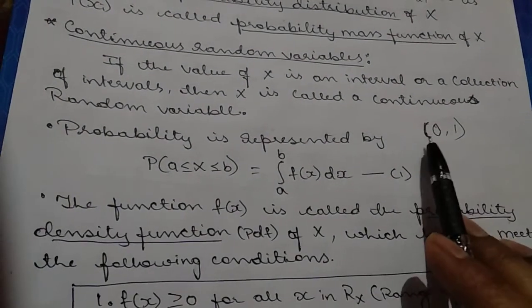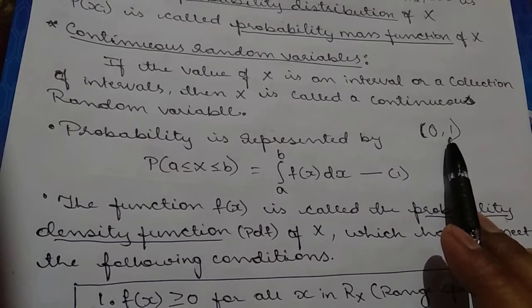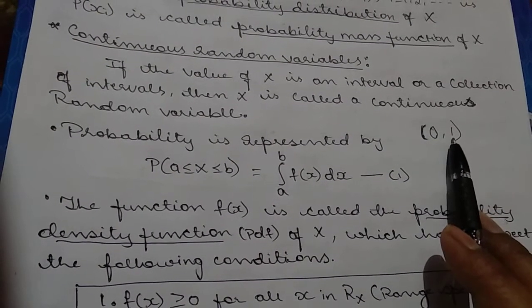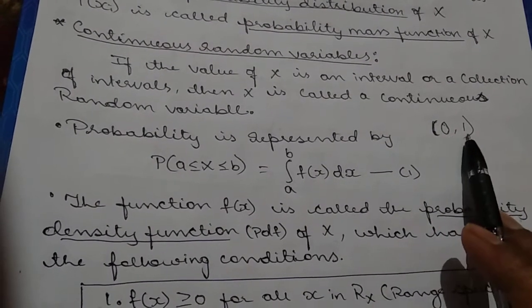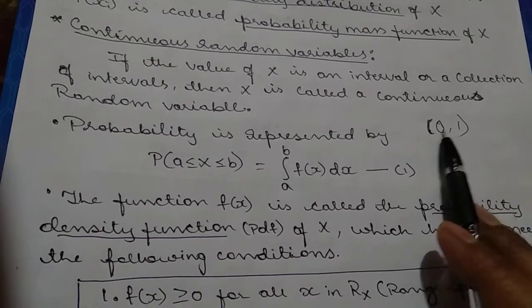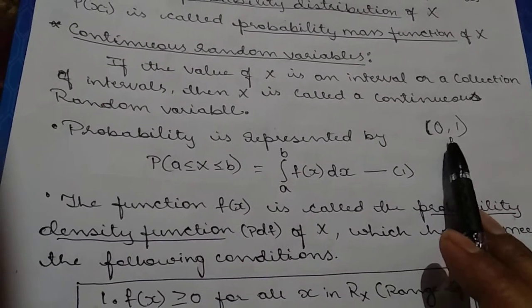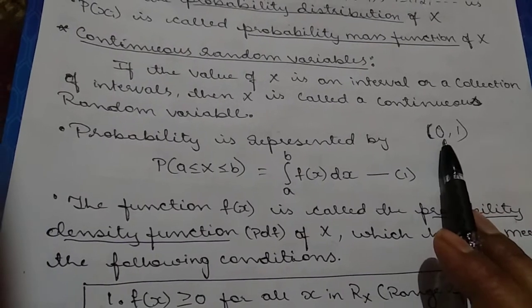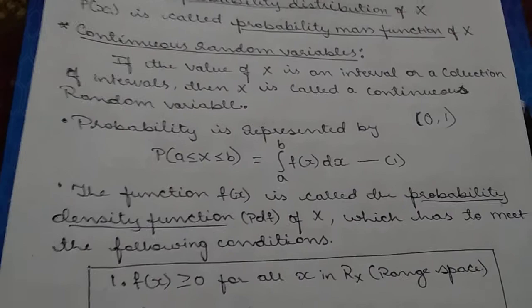In between 0 and 1, we will continuously get the random variables, and we will not get anything after 1. If you specify any interval, within that interval continuously the random numbers will be generated. If you have any such interval, then those random variables are called continuous random variables.